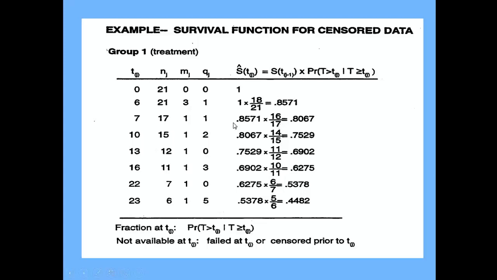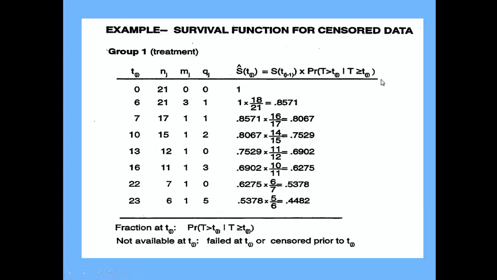Then you multiply it by the previous thing you computed. To get the survival probability at week 7, you take the survival probability at week 6 and multiply it by the probability of surviving past week 7, given that you survived up to week 7, and that's how you get the next one. And it goes on like this.